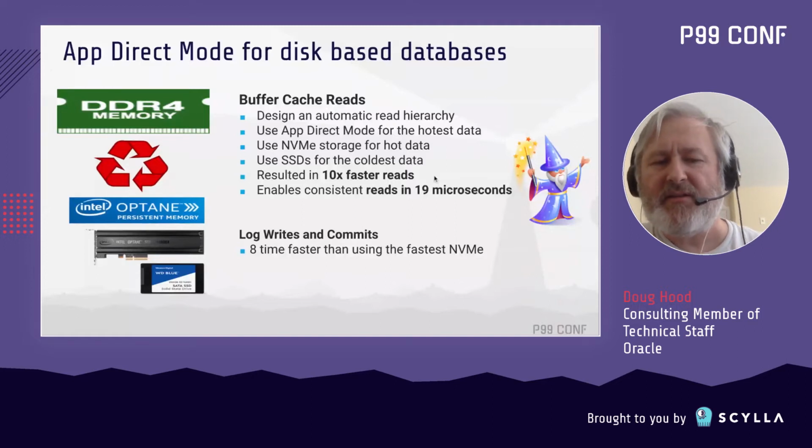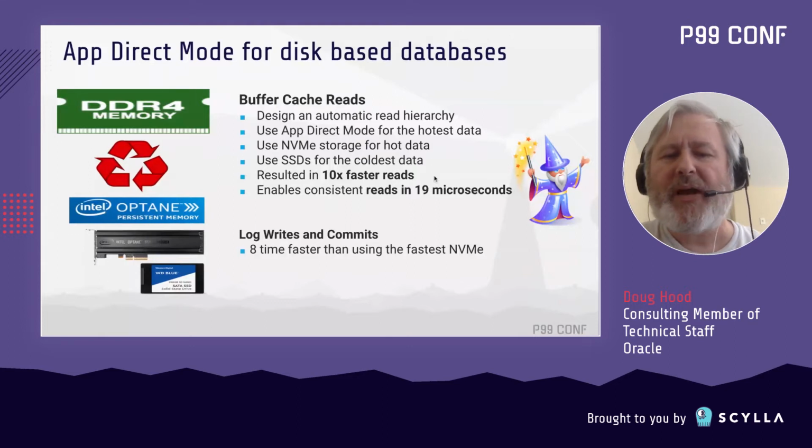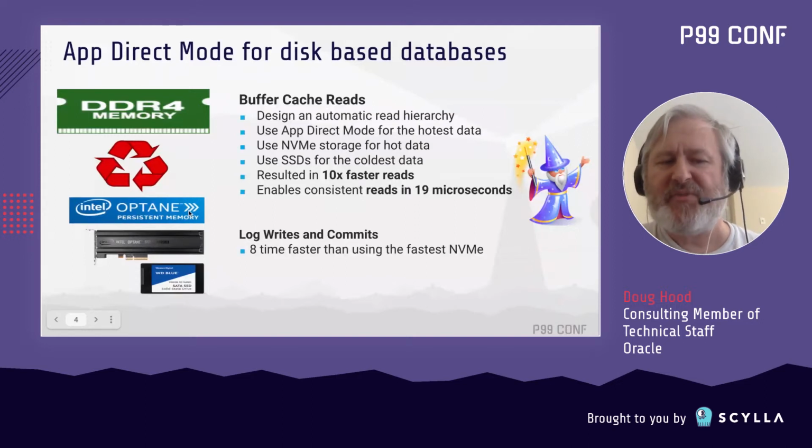The great thing is, the result was we were able to get up to 10 times faster reads using this hierarchy. So the hottest data we were getting from persistent memory, the warm data we were getting off NVMe disk, and the coldest data we were getting off SSDs. We weren't using spinning rust because it's just too slow for what we need. So this approach was giving us up to 10 times faster reads.